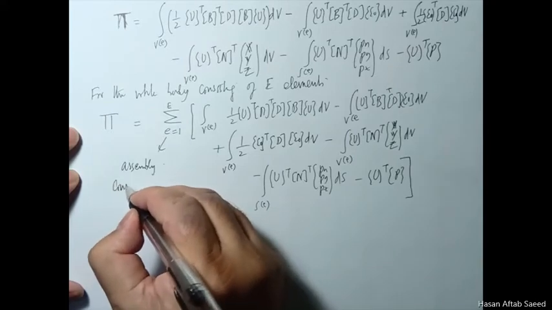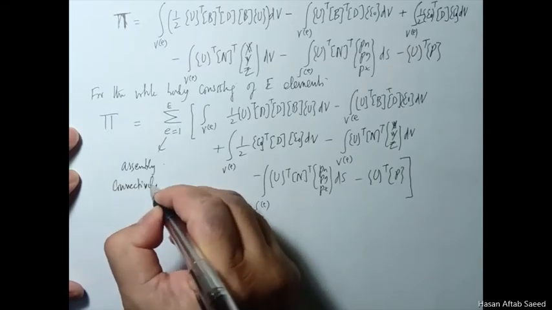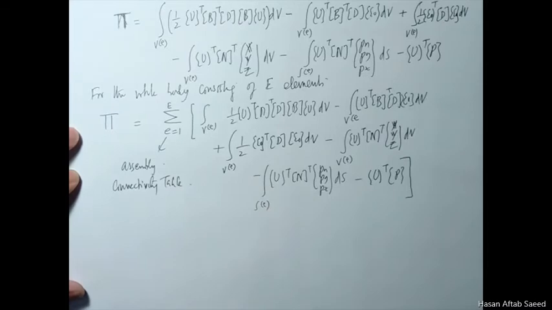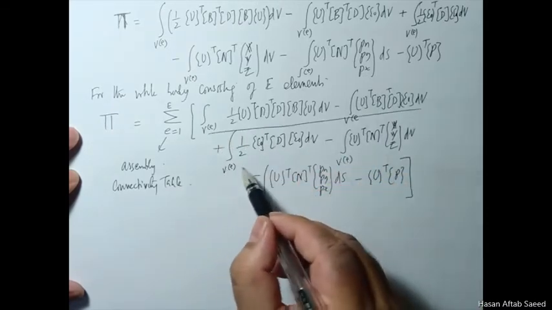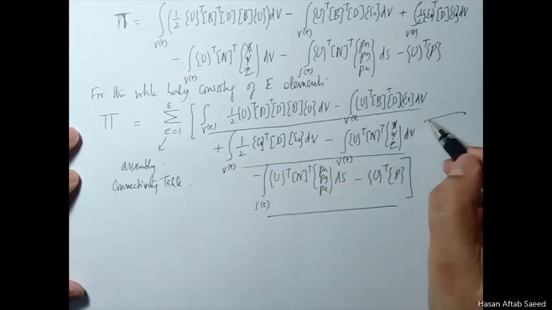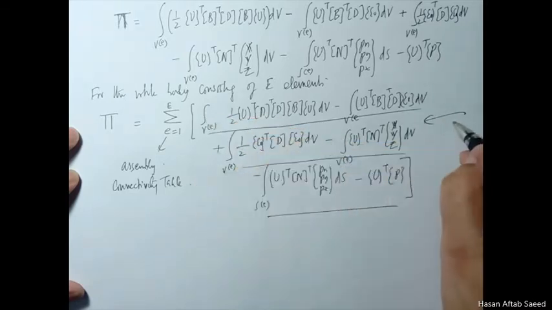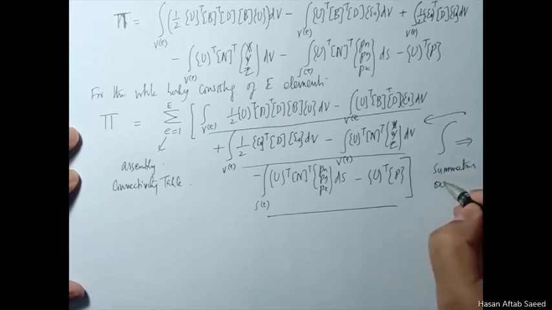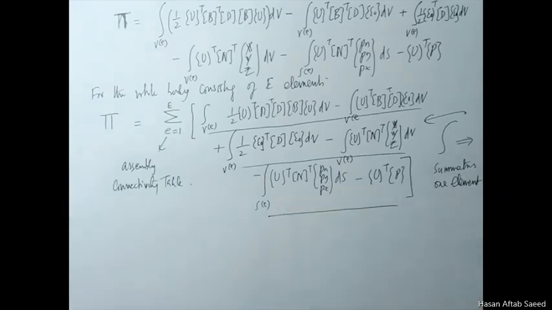Recall the connectivity table. And inside, these quantities are summations within one element. You have to keep this distinction in mind.